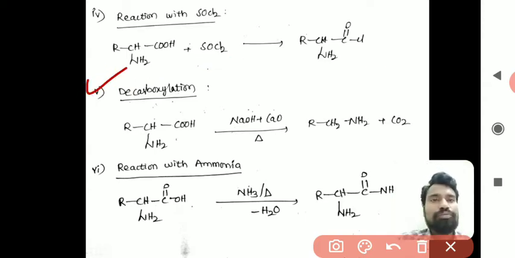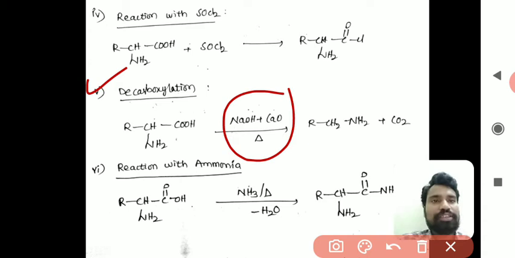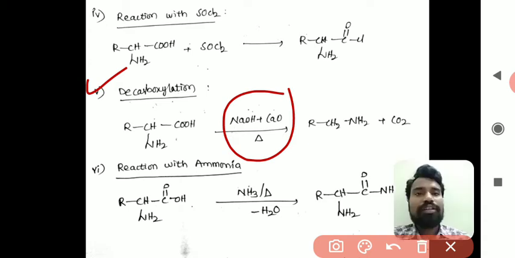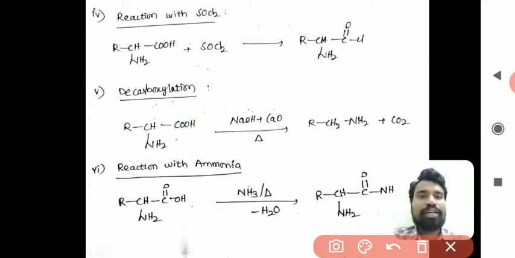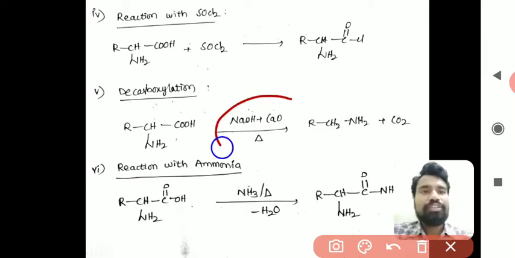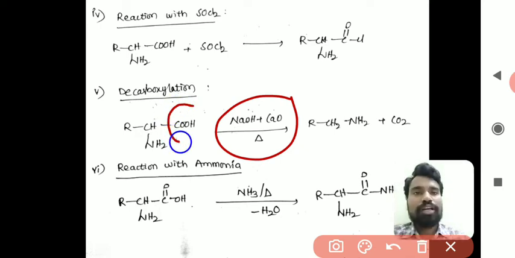As we know, when a carboxylic acid is treated with sodium hydroxide and calcium oxide and then heated, the carboxylic acid group leaves as CO2, right? Here also a similar kind of reaction takes place in amino acids. When amino acids are treated with sodium hydroxide and calcium oxide in the presence of heat, decarboxylation takes place.